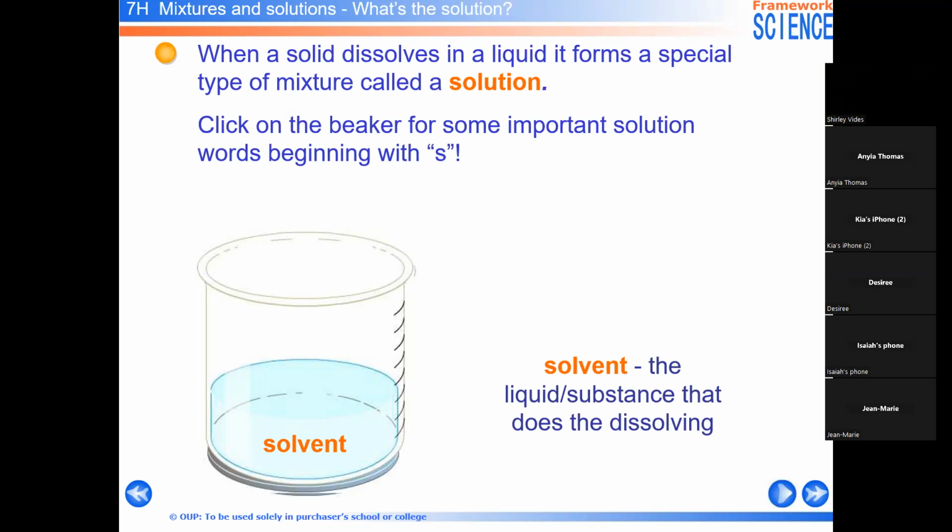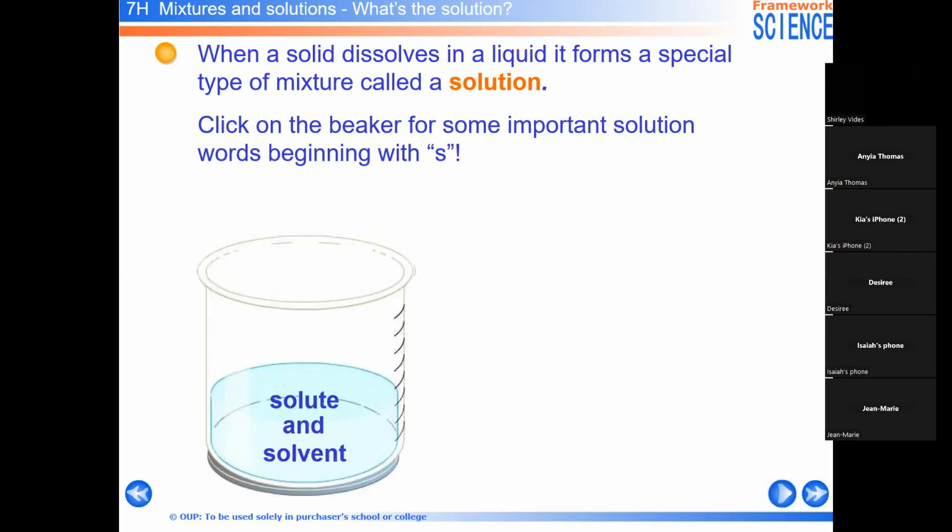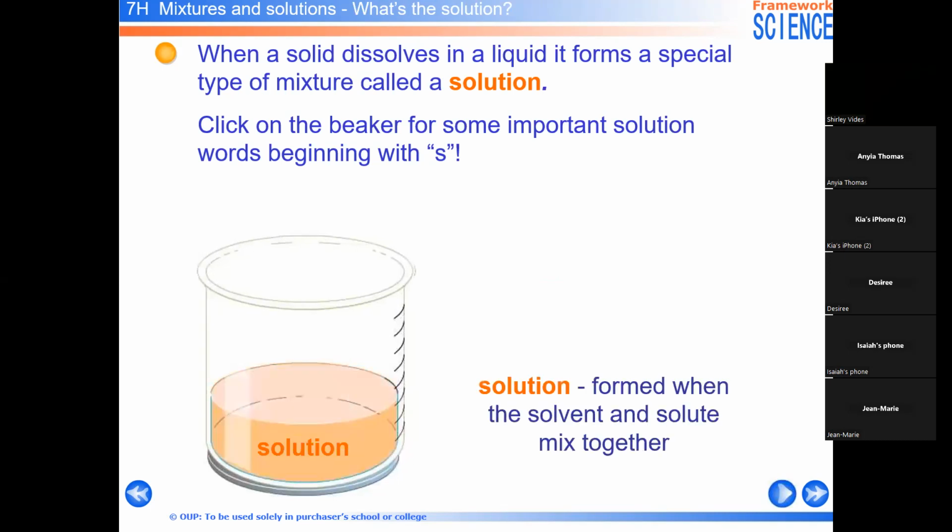That is what does the dissolving. The solute is the substance that you're dissolving. When you dissolve it, it becomes a solution. So that's the 3 S's of solubility: you've got a solvent, a solute, and a solution.